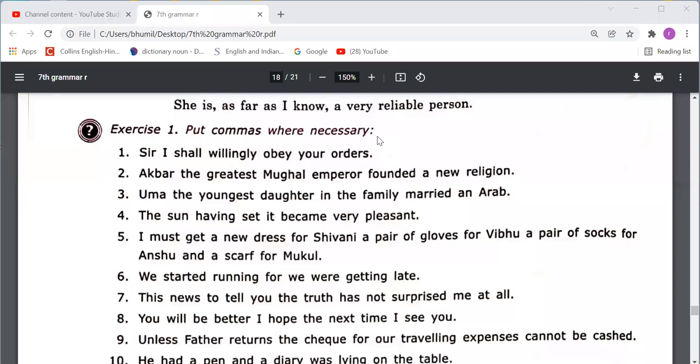Sir, after Akbar and Mughal emperor. Yes, very good. Right answer, because these words are in apposition, means referring words are there. It's telling more about Akbar. Which Akbar? Akbar, the greatest Mughal emperor. Yes, very good. Right answer.